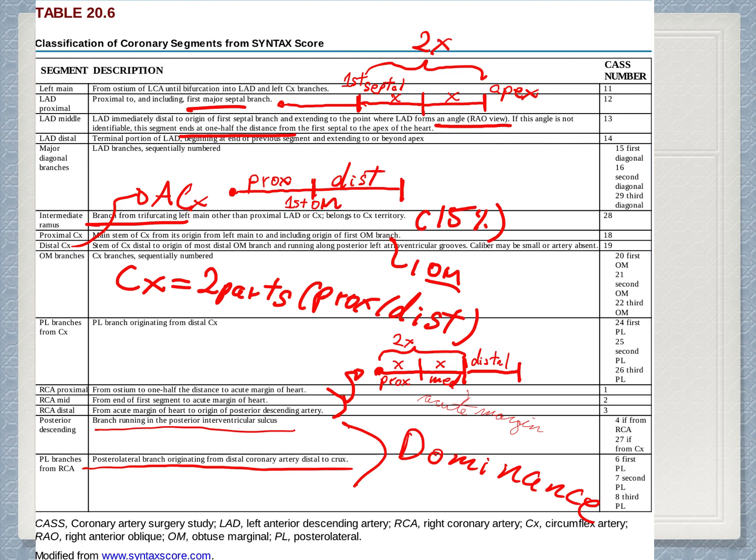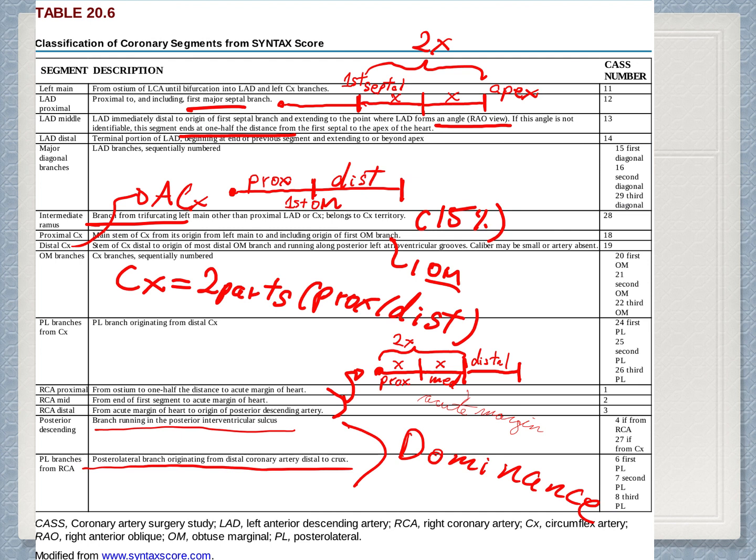The acute margin is where you can see a pretty acute angle, and that's where you divide it. So from the start of the right coronary to the acute margin, that's where you have your proximal and medial segments of the right coronary.